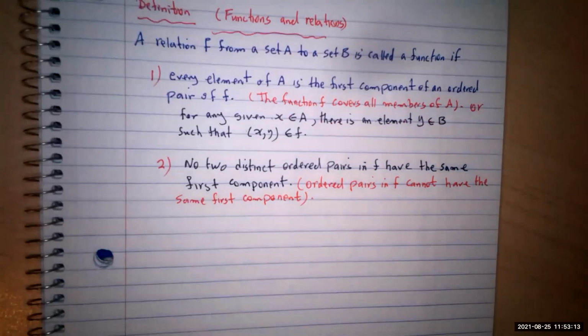No repetition for the first component. So F must cover all members of the A, but it must cover it uniquely. Means you just cover it once.